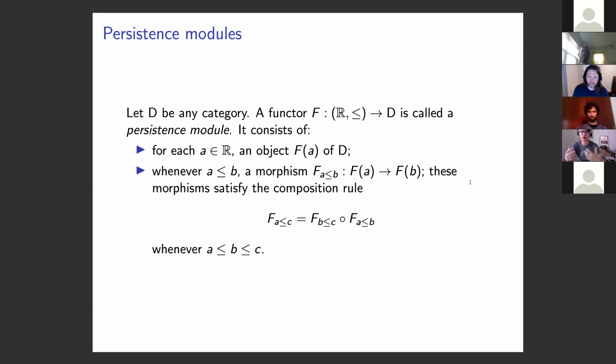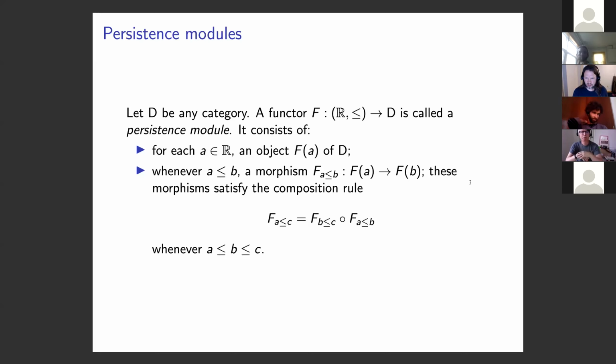From this filtered complex, by taking homology or some other functor, you end up with a persistence module, where D might be graded vector spaces, or just finite dimensional vector spaces if you're only interested in a certain dimension.